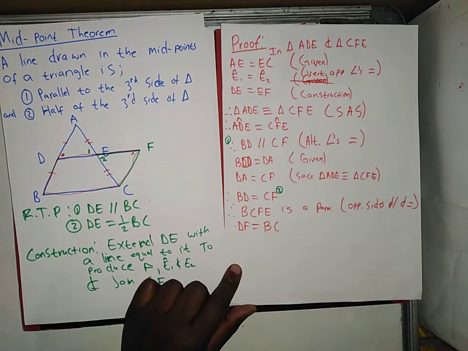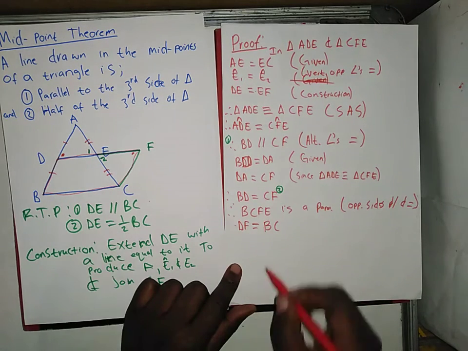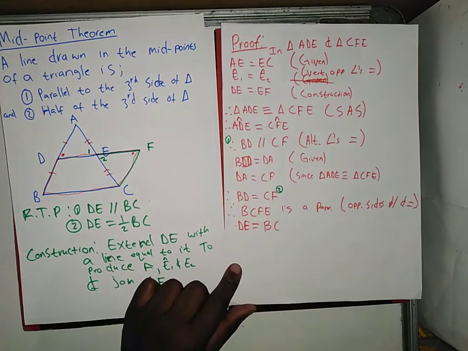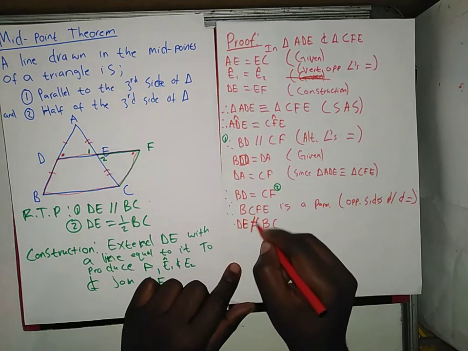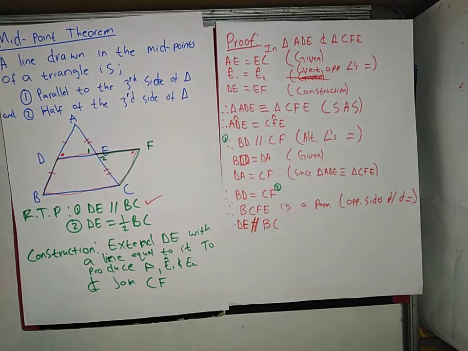No, even before we get to that, since this is a parallelogram, let's start with DE first. DE is parallel to BC. Can you see? DE is parallel to BC. That is the first condition being met.